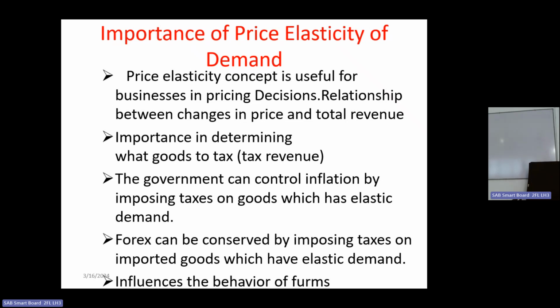So the imported goods, right? It is an inflation controlling mechanism. So the government can impose taxes. It has elastic demand because of the price increase. If there is elastic demand, quantity demanded significantly decreases with the rise in price. So that reduces the prices.